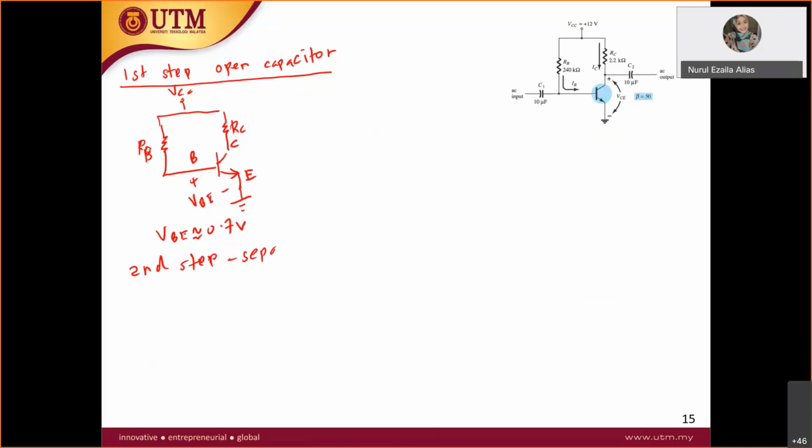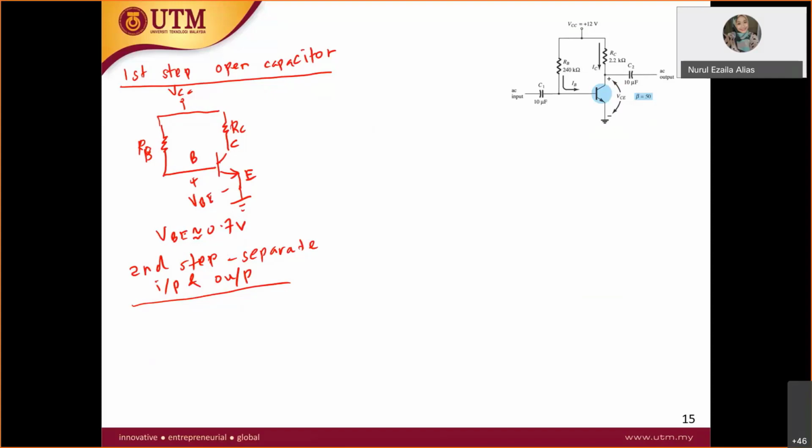Input and output. Then the third step, when you have separated input and output, is to solve the KVL.